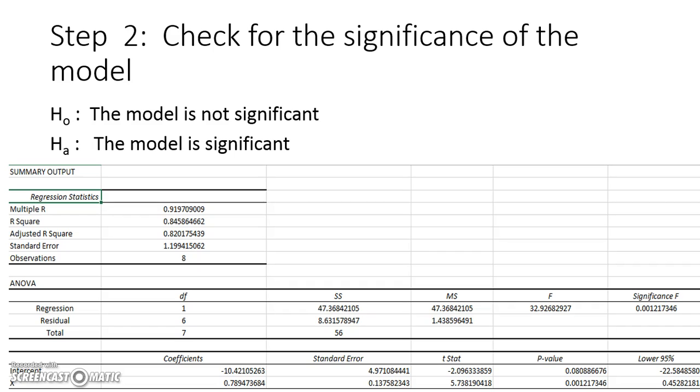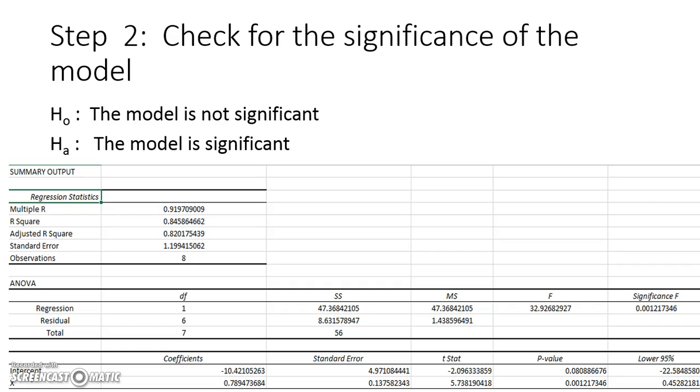Similarly, when it comes to degrees of freedom, the regression degrees of freedom refers to the number of independent variables. In this case, there is one independent variable, hence the degrees of freedom corresponding to regression is 1. The total degrees of freedom is the total number of observations minus 1.